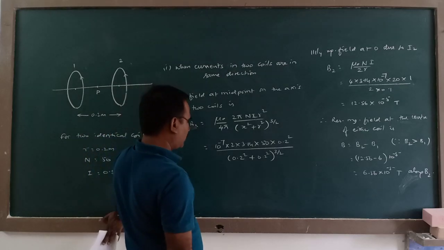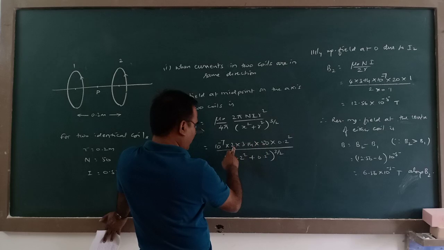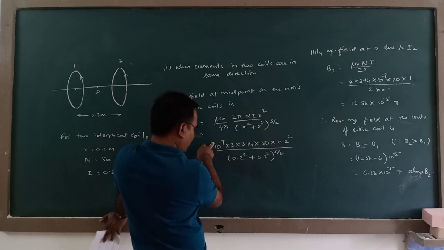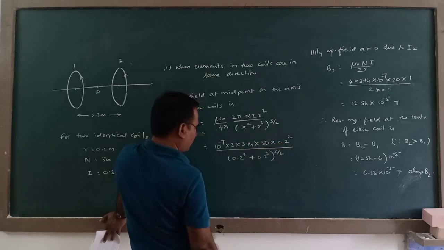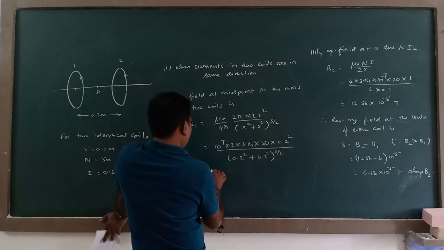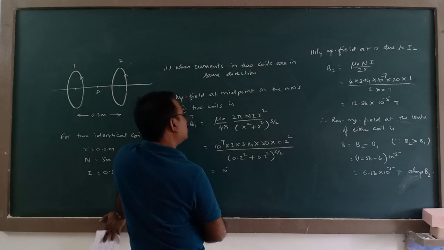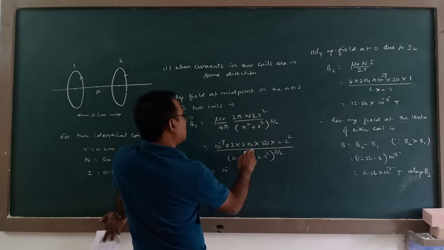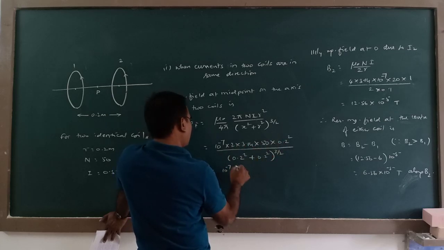So you simplify this one. When you multiply, it becomes 100. 100 means this becomes 10 to the power of minus 5. And this is 4 in 10 to the power of minus 2. So this becomes 10 to the power of minus 7. Here plus 2 is there, minus 2 is there, so it becomes 10 to the power of minus 7.